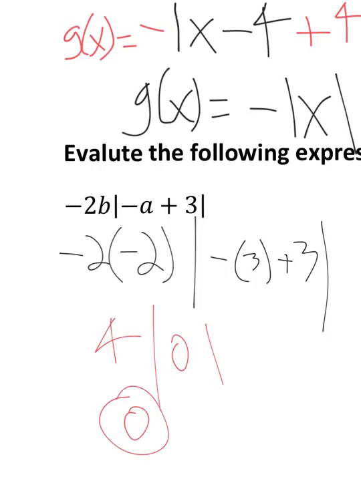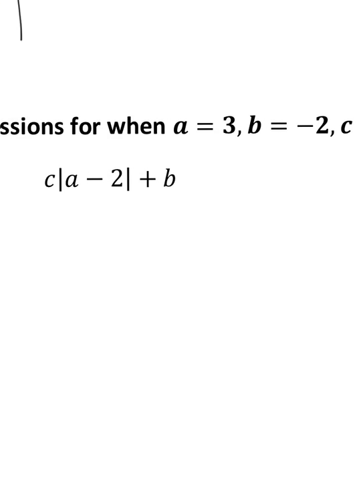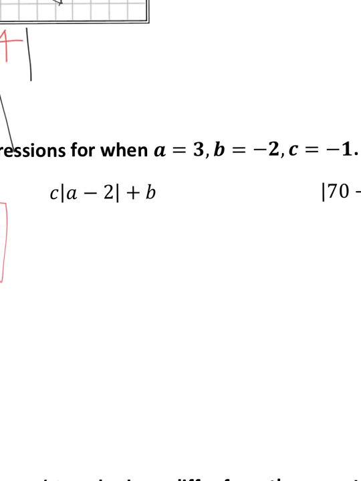But really all I'm looking for is show me this top part and show me the bottom part that I circled. Looking at the next one, plug in negative 1 for c, 3 for a, and negative 2 for b. Okay, so there's everything plugged in.